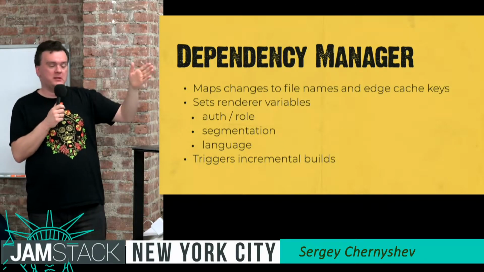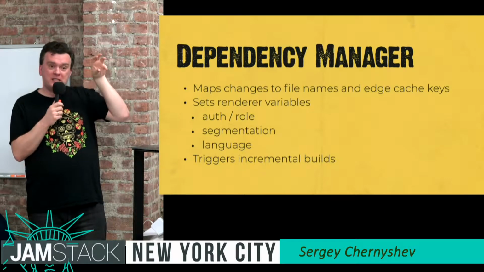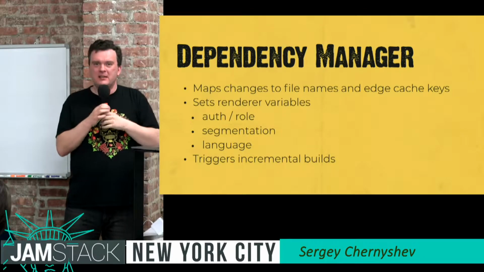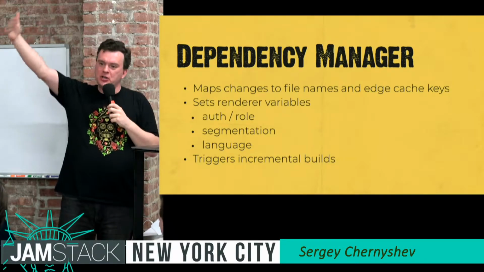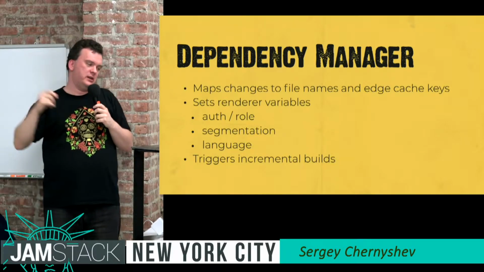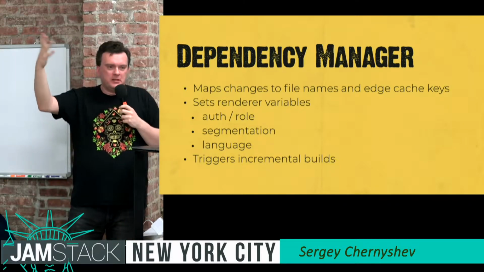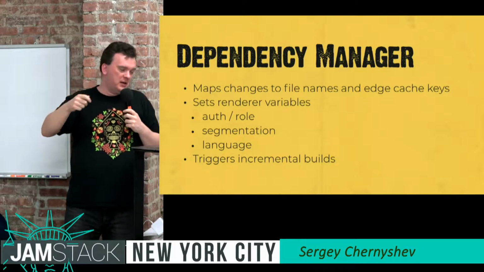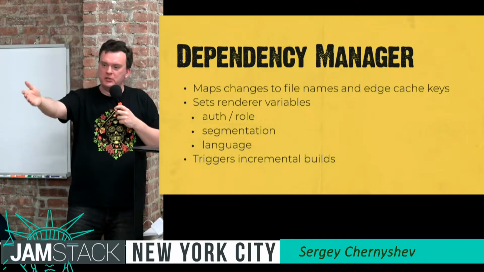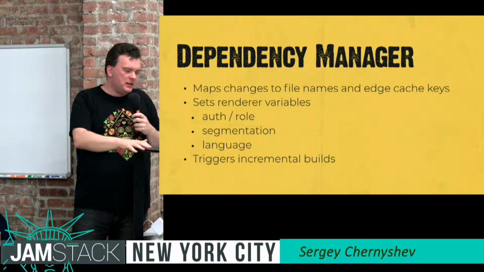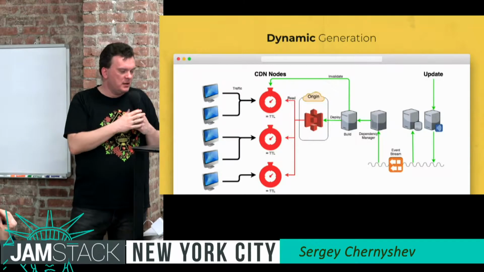So your build happens only for this subset of files, and then corresponding cache keys are triggered on a CDN, right? And your CDN will know how to convert the same URL under one language or under one user account into a particular file, right? That is kind of outside of this.